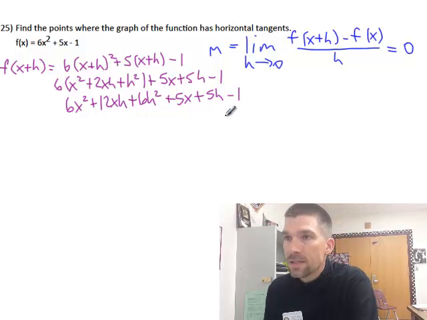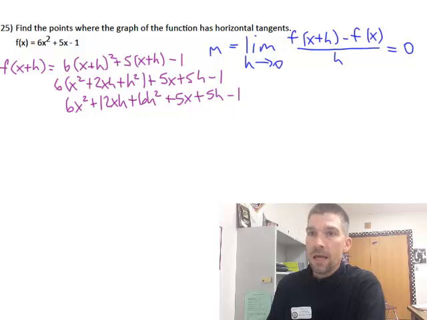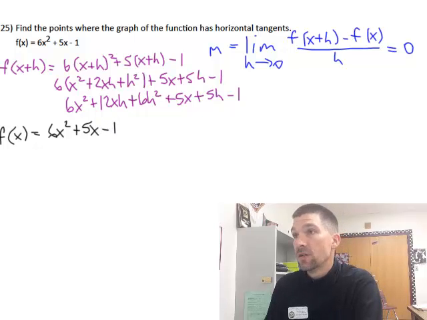All right. Does anything go together here? Doesn't look like it. The other really key important piece of information is f of x. We don't have a specific point this time. That's what we're trying to find. So my f of x part is just the function. So how does my limit look? Looks like this.